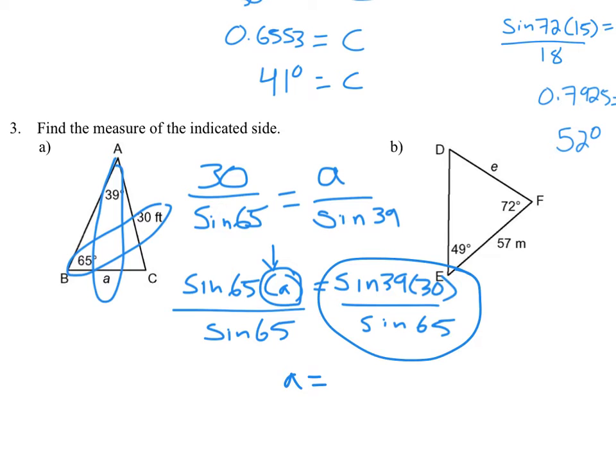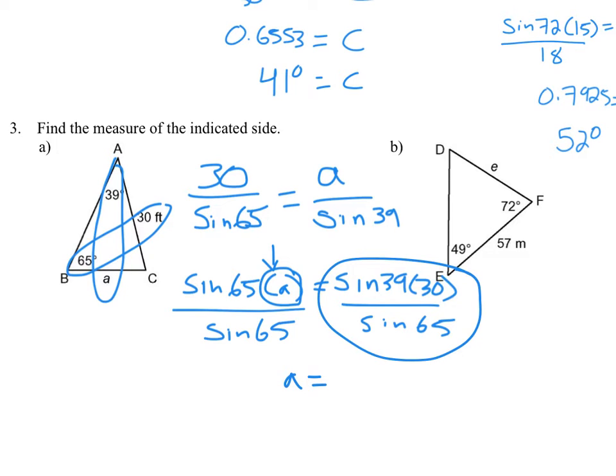So you're going to use your calculator. Sine 39 equals. Let it tell you what the number is, so that way you get used to it. Sine 39 is an ugly number, 0.62932, yada, yada, yada. Take that number and multiply it by 30 on your calculator. Now you've got the numerator, which is 18.8. Then tell your calculator, I want that numerator divided by the denominator, which is regular sine, don't put inverse.